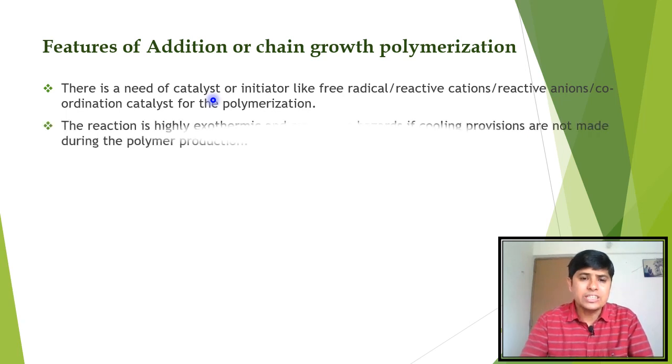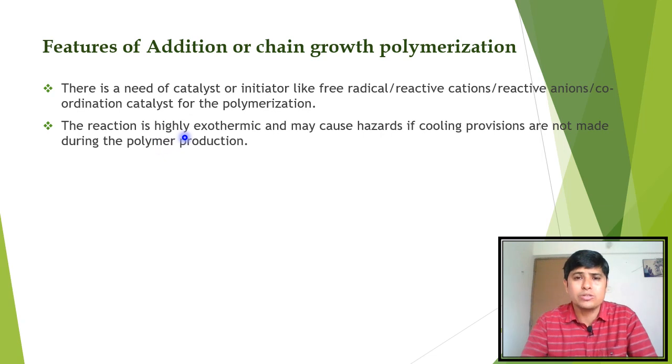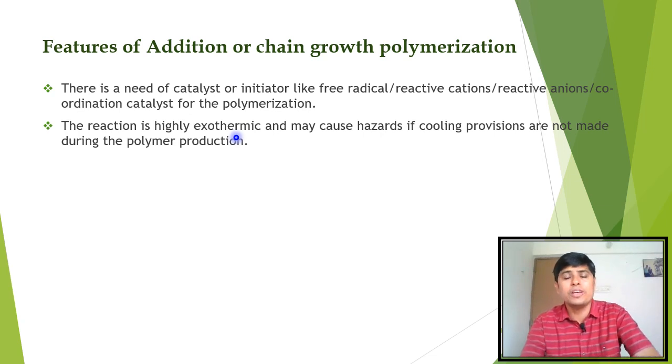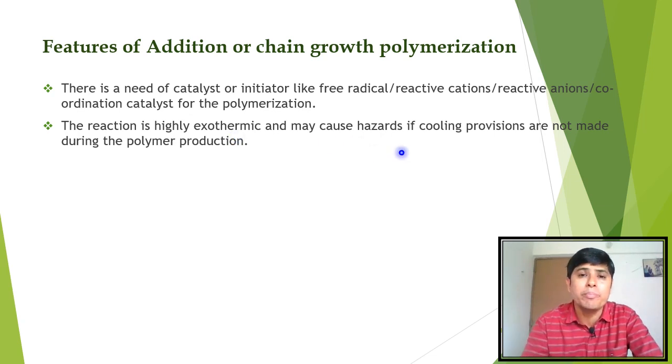Here the reaction is exothermic, while in the case of condensation polymerization the reaction was endothermic. Heat will be evolved here and may cause hazards if cooling provisions are not made during polymer production.